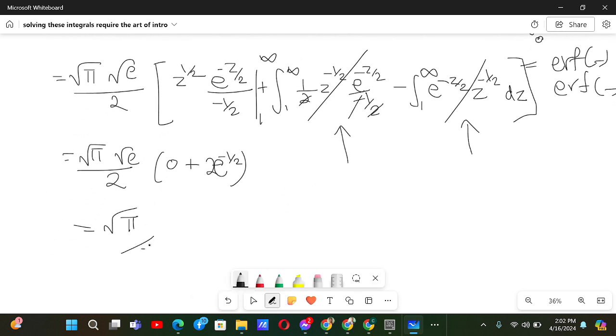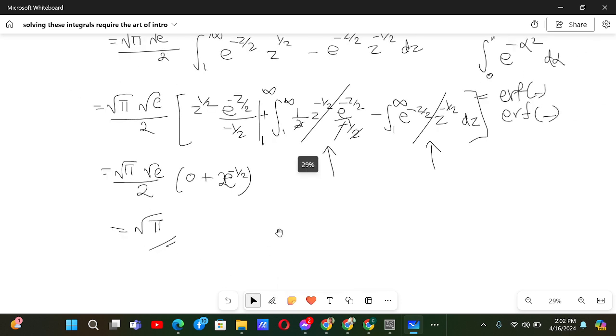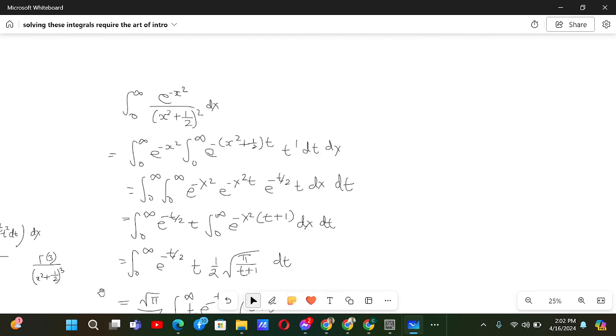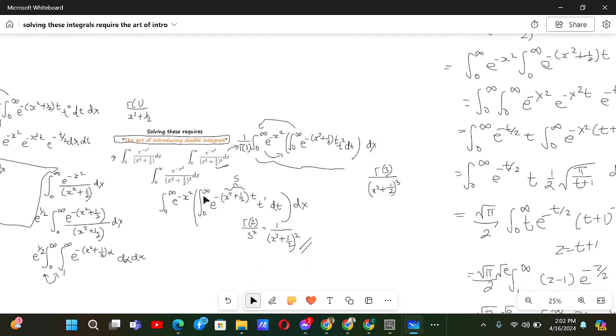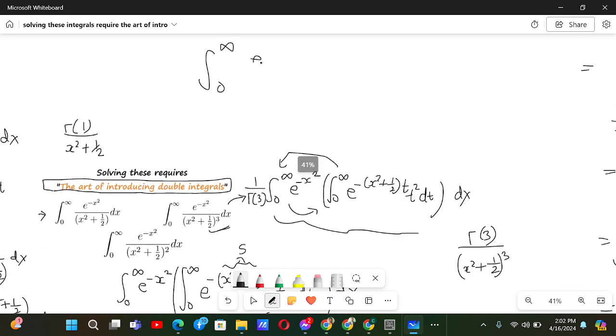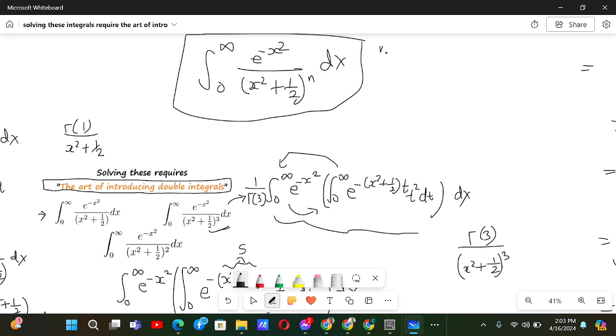This is probably the only case where in such integrals, the generalized integral from 0 to infinity, e to the power minus x square by x square plus 1 by 2 to the power n dx, n equals to 2 is the only case where there is no complementary error function in the solution, and the answer is nicely root pi.